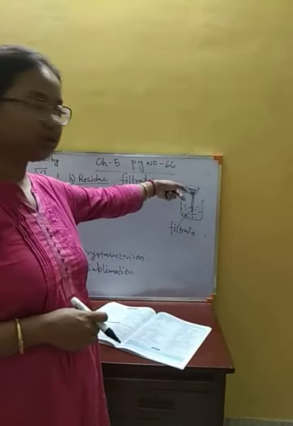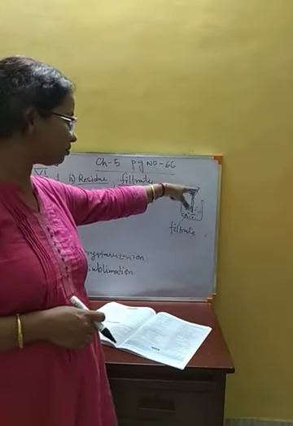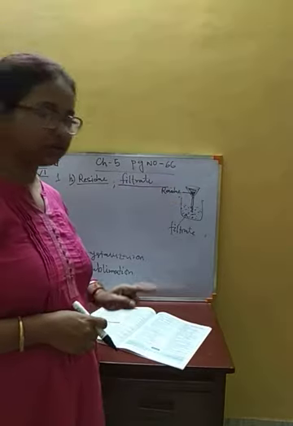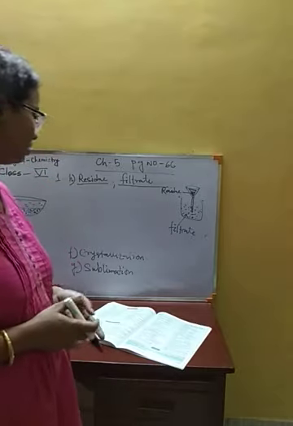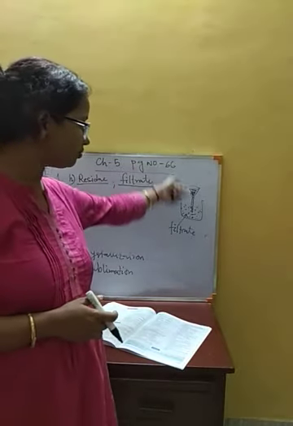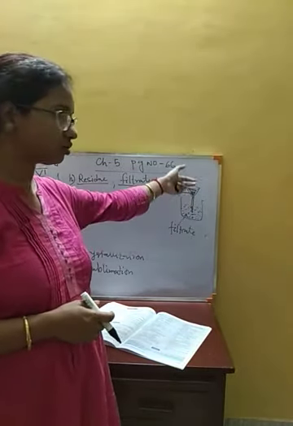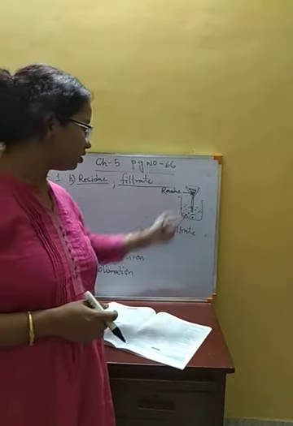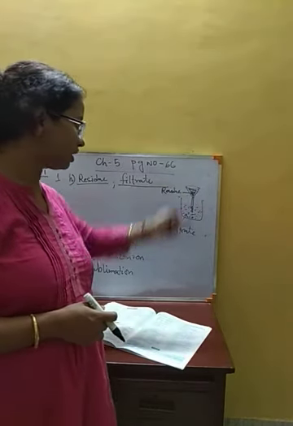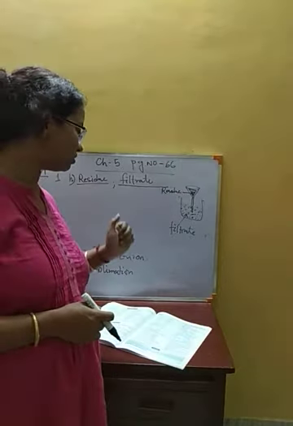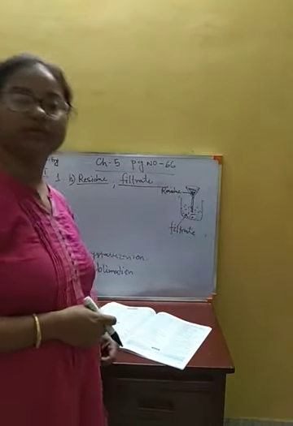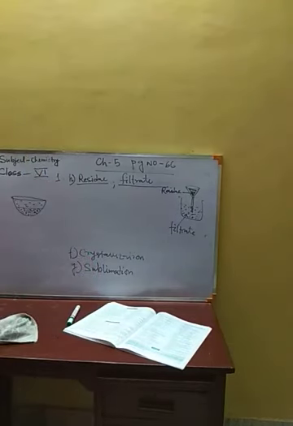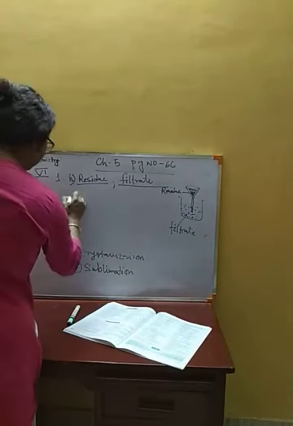So they will get stuck in the filter paper and form the residue, whereas the water in the muddy water, the clear water without clay and mud, will pass through this filter paper and be collected as the filtrate.